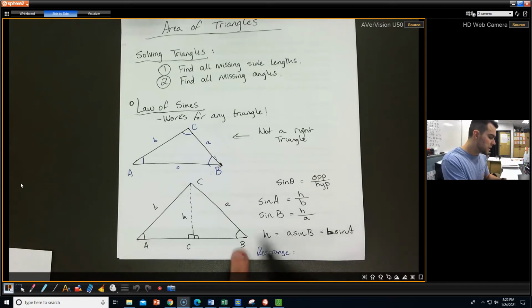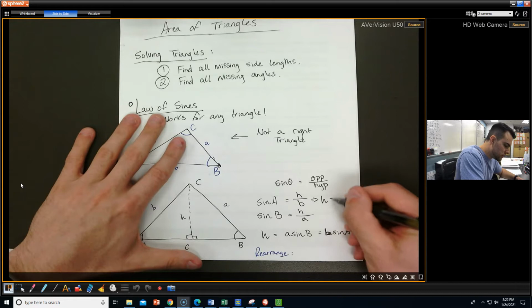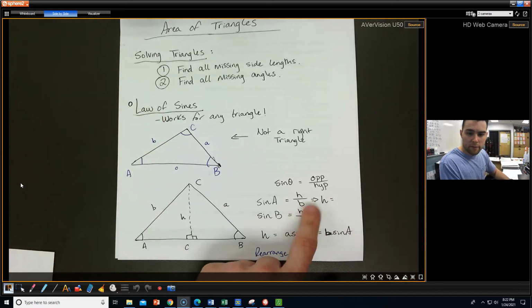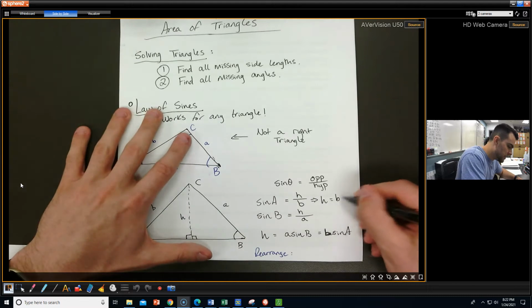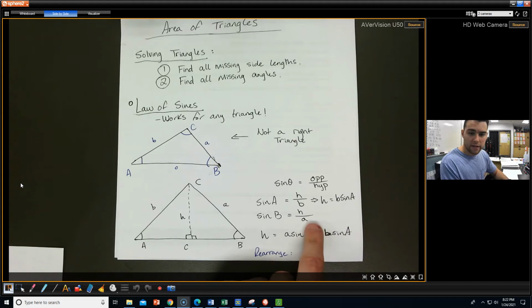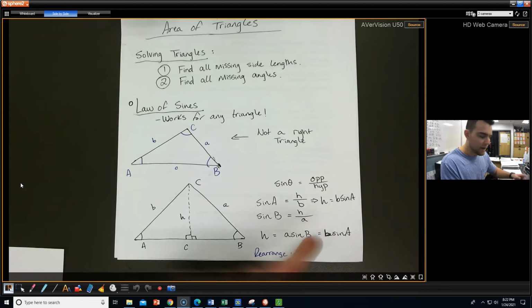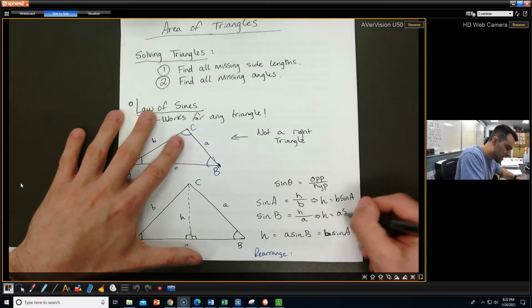Well, sine B is going to equal opposite over hypotenuse, so it's going to be h over a. And if I rearrange these equations, I can get h. If I multiply both sides by b, I'm going to get h is equal to b times sine A. And likewise, I multiply both sides by a, I'm going to get h is equal to a sine B.